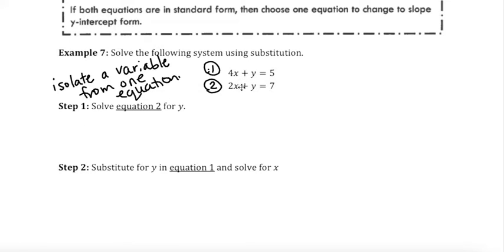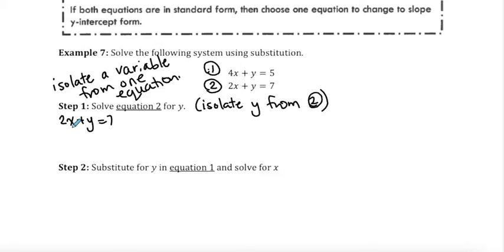Equation number 2 is 2x plus y equals 7, and we want to isolate for y. So that's what we're doing here, isolating y from equation 2. What we want to do is get y all by itself, and we do that by taking any other term that's on that same side and getting rid of it.